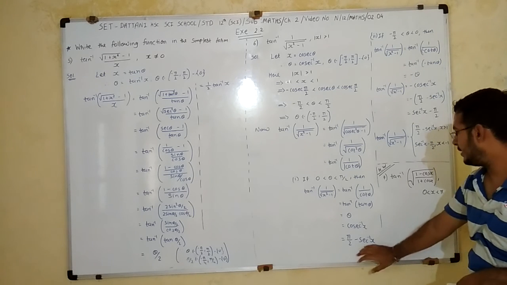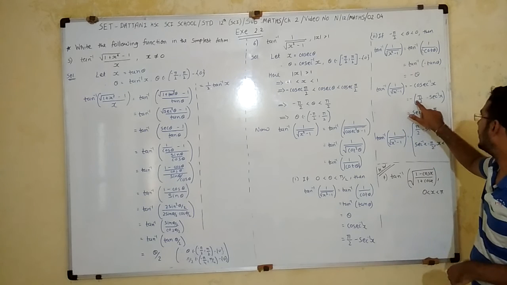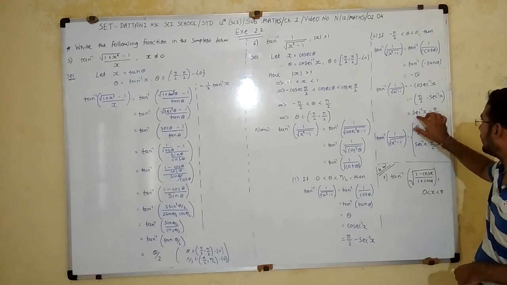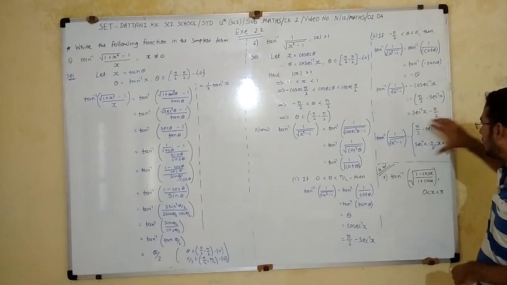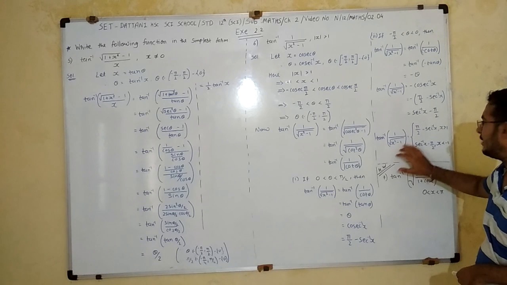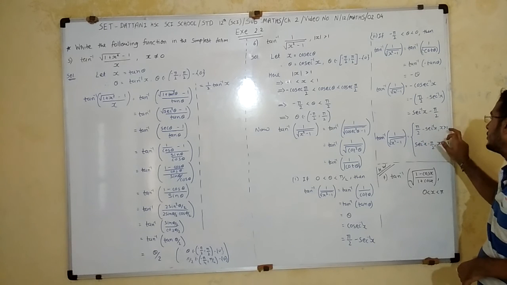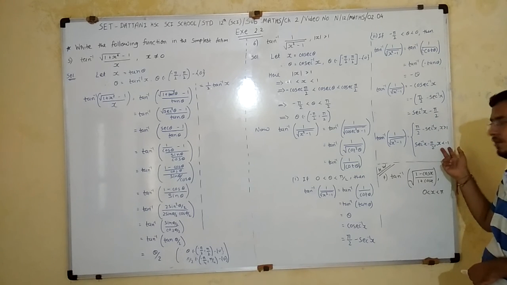I put the same thing here and now apply the minus sign. So minus plus minus, and minus minus plus. I write the positive term first and then the negative. So tan inverse 1 by root x square minus 1 is equal to pi by 2 minus sec inverse x in the positive case, where x is greater than 1, and the second case where x is less than 1.